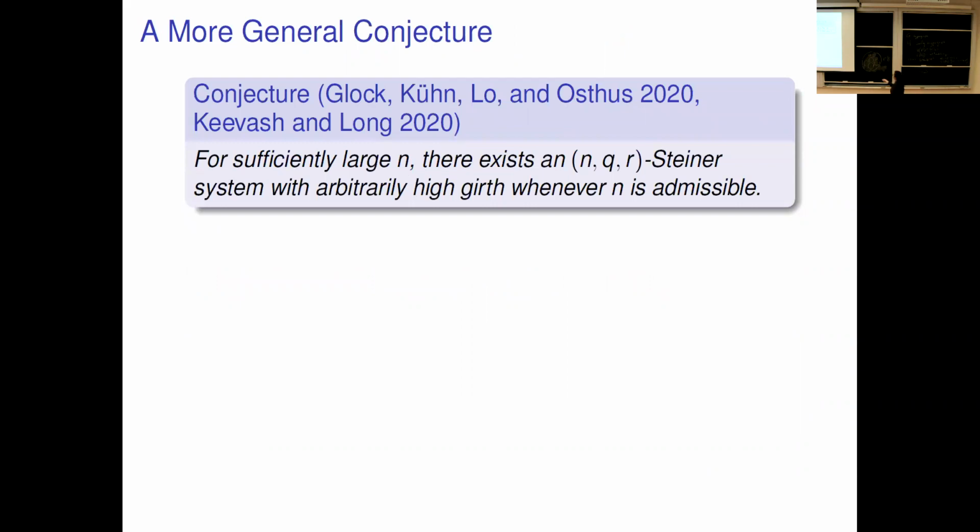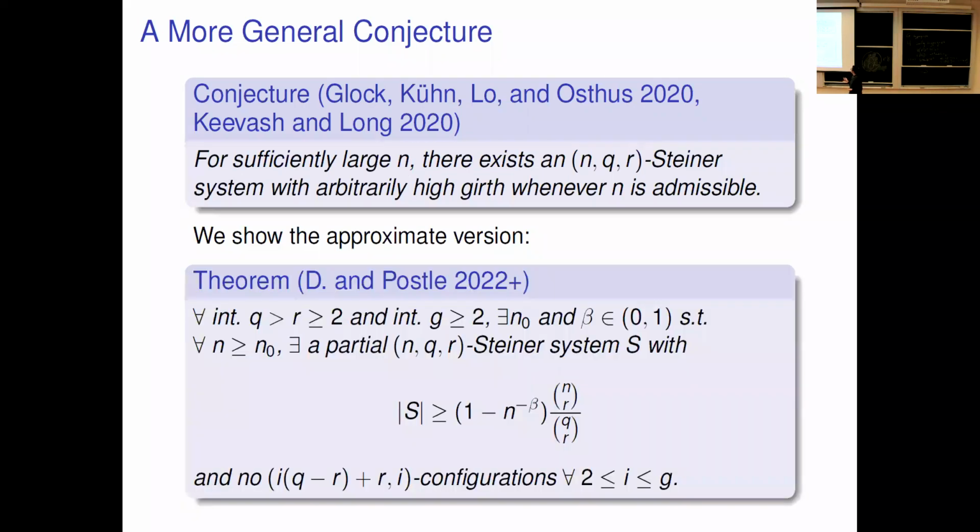So they ask, can we find (n, q, r) Steiner systems of arbitrarily high girth? And this formally is what we show. So I'll mention here, this would be the size of a full (n, q, r) Steiner system. So we show there's a partial one of fairly large size with none of these as sub-configurations.